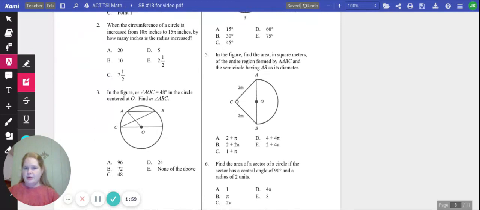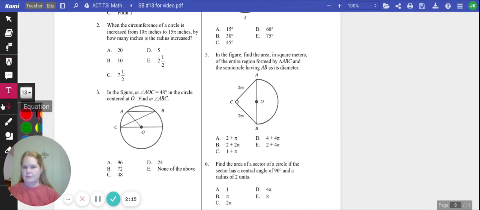Okay, number 2. When the circumference of a circle is increased from 10 pi inches to 15 pi inches, by how many inches is the radius increased? Well, this one you need to know a little bit of information. I'll get this little text box. Actually, I need an equation because I need the pi symbol. This says circumference.